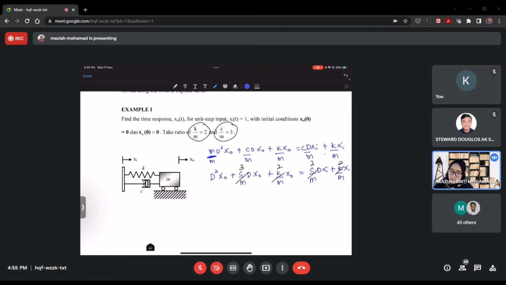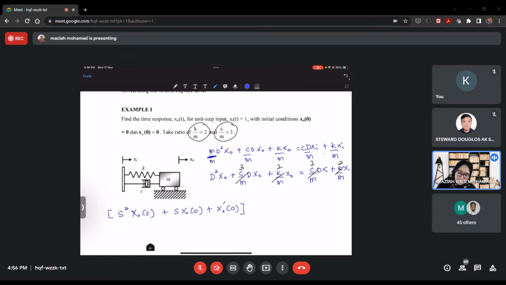Alright, so let's do the Laplace transform, the second step. We're going to have s square x naught s minus s x naught 0 minus x prime naught 0.